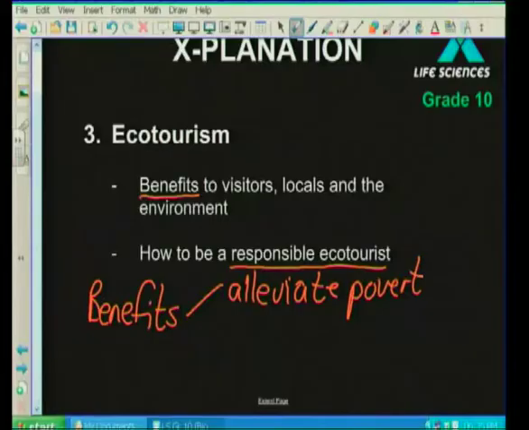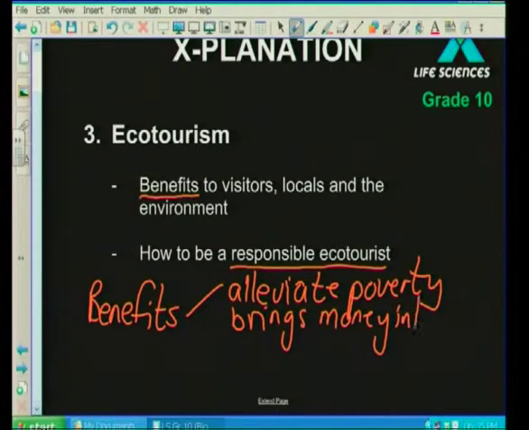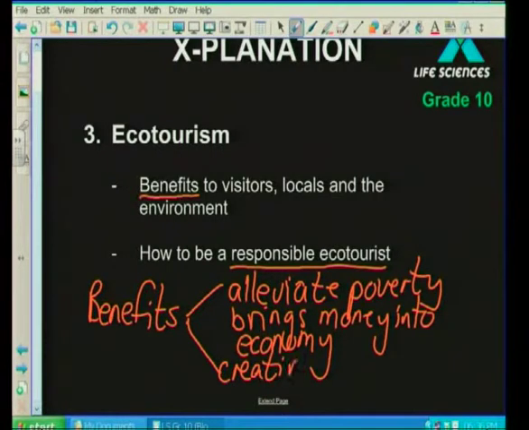So it alleviates poverty by bringing money into the economy of South Africa, and it is creating jobs. So ecotourism creates jobs.